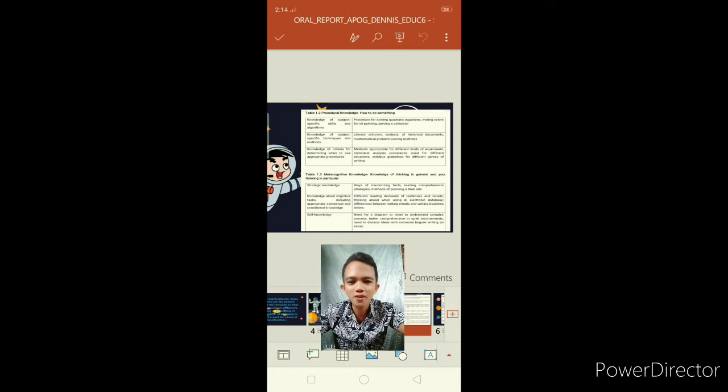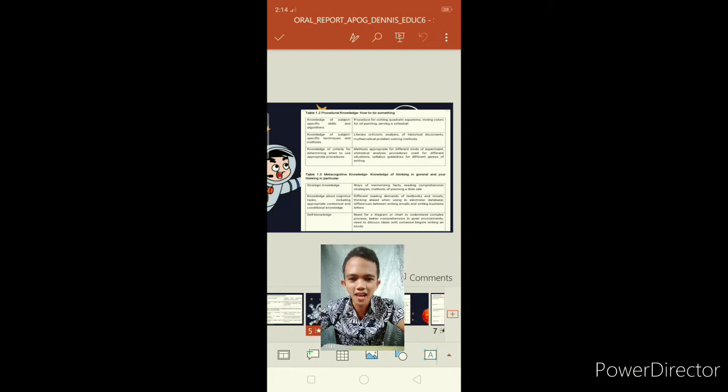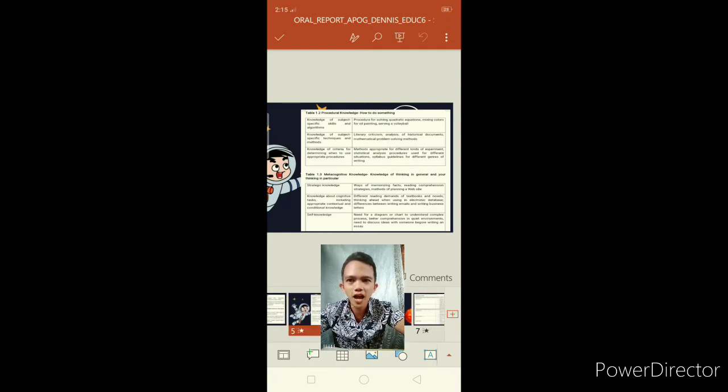These tables could answer that question. Here, we have the cognitive process as well as examples of the activities that we might do in our class. In remembering, students produce the right information from memory.